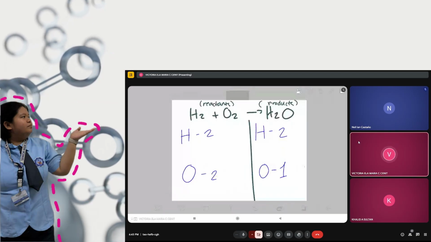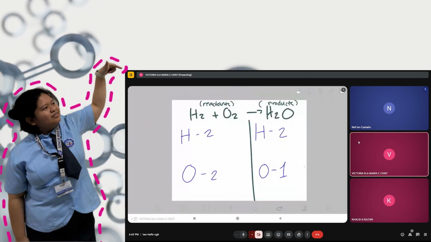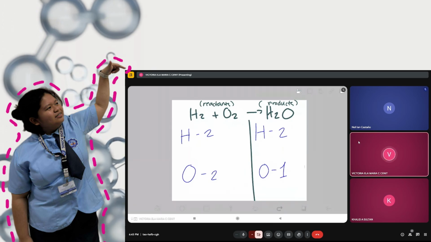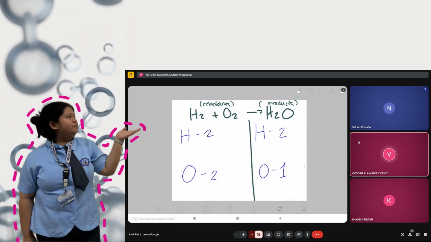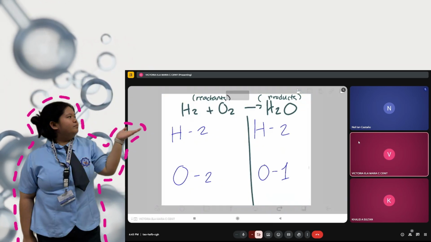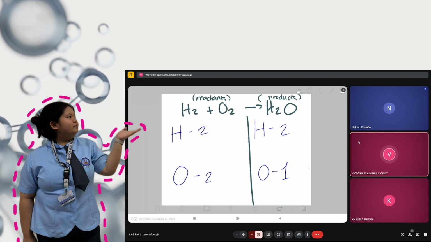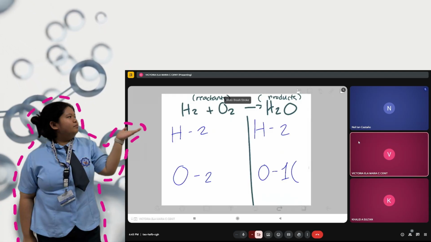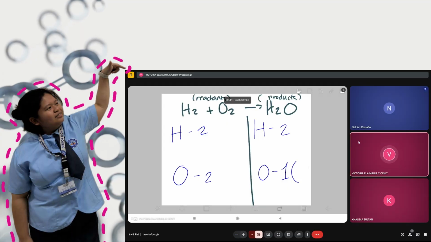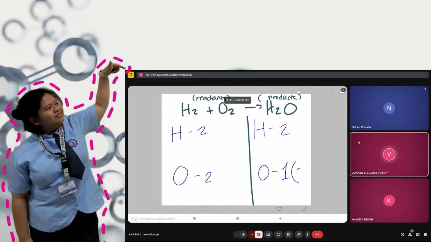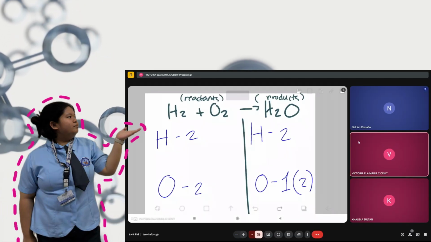Since the product side and the reactant side of oxygen aren't balanced, we have to multiply the oxygen on the product side by 2, which also involves hydrogen.